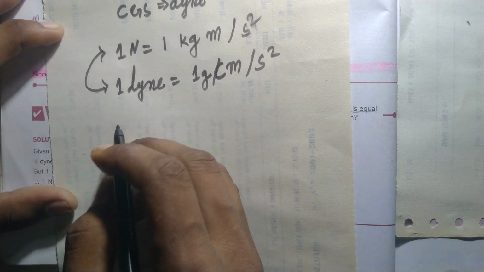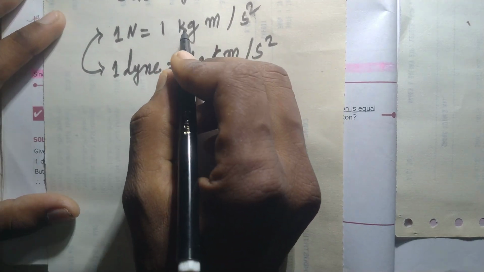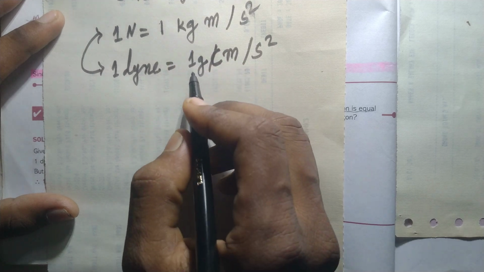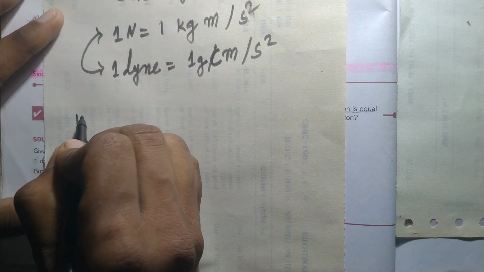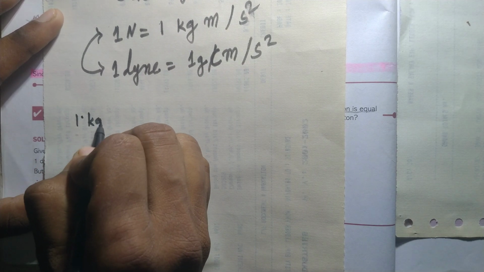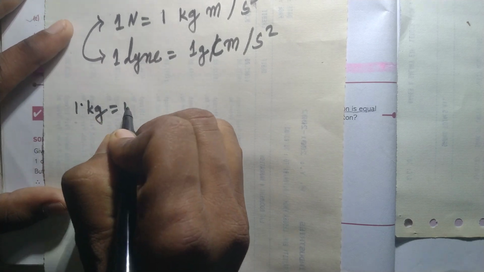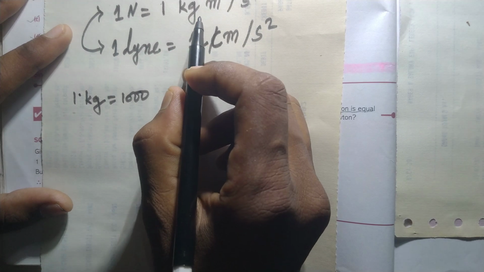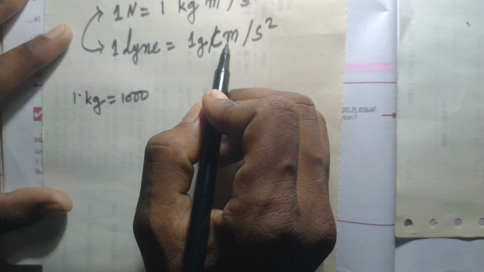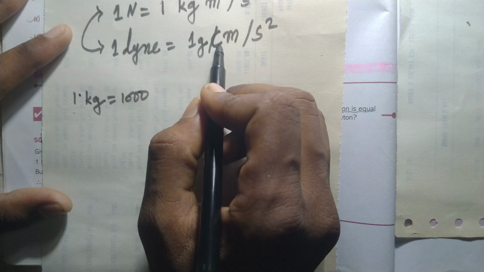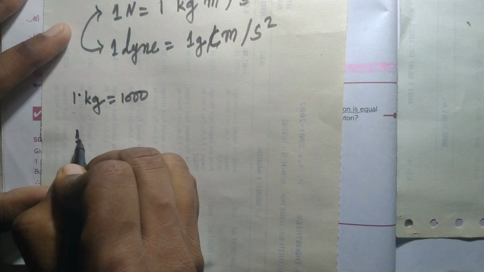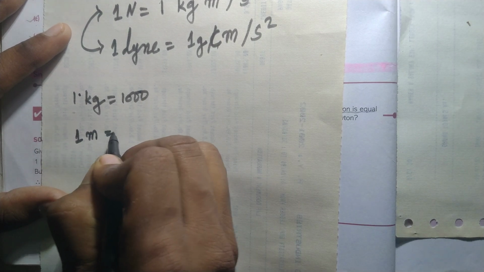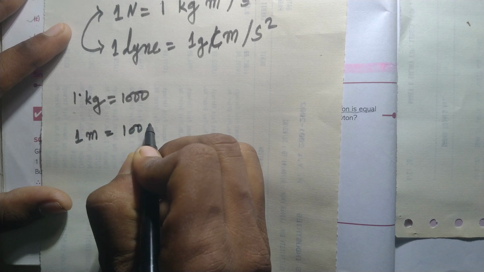Let's take 1 kilogram and 1 gram. 1 kilogram equals thousand gram. Got it? 1 meter equals how many centimeter? 1 meter equals 100 centimeter.